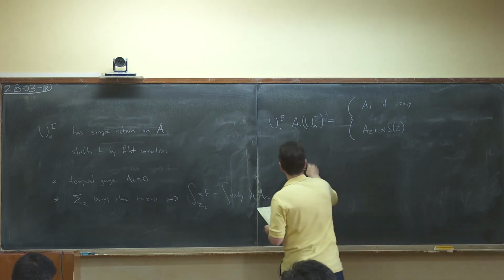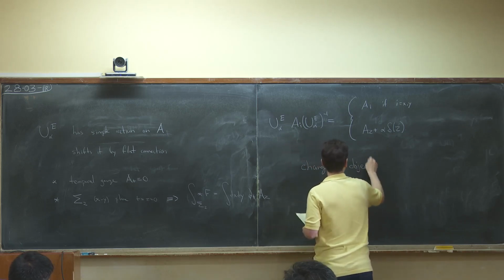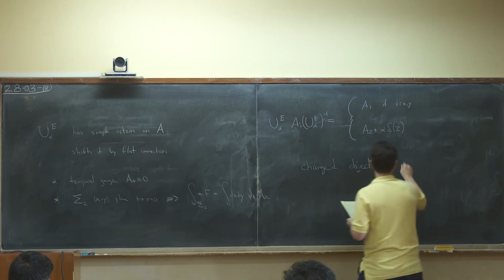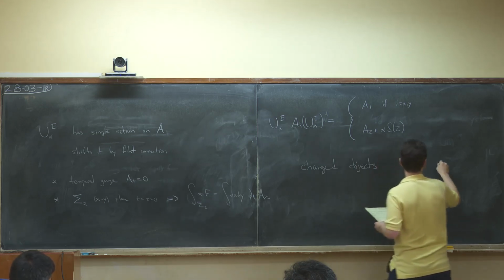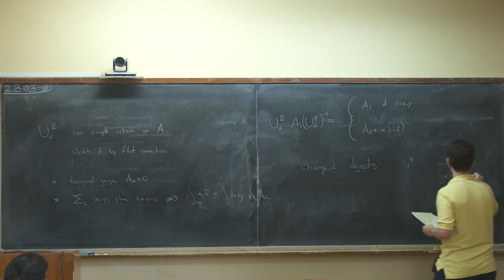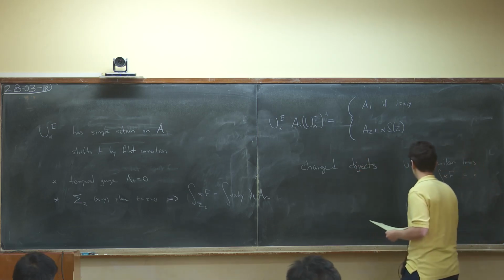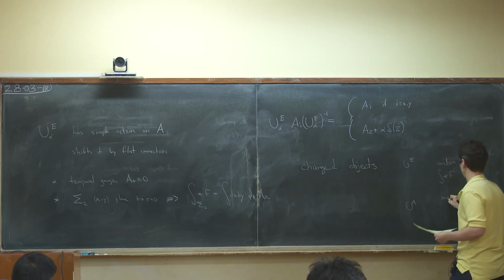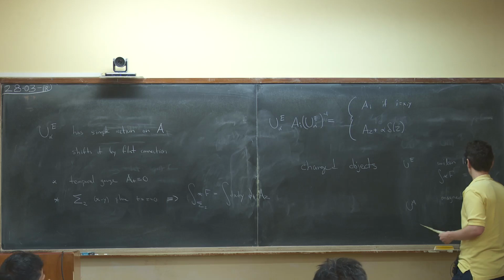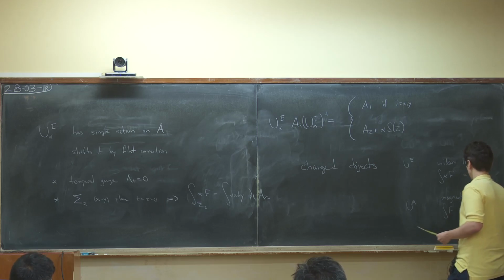So the charged objects: for U^E, it's Wilson lines. That's because integral of star F measures electric charge. And for U^M, it's magnetic lines that are charged. That's because F measures the magnetic charge.